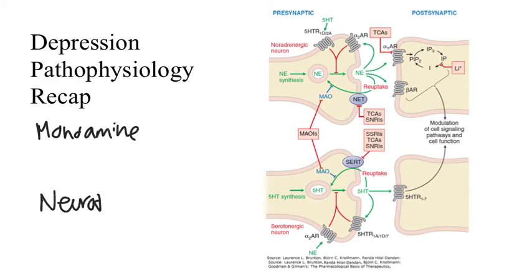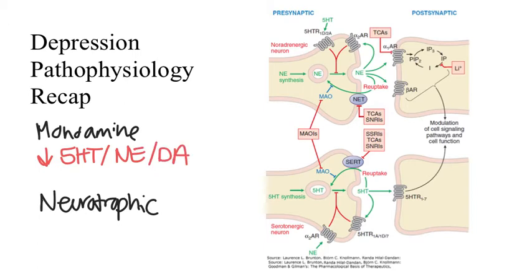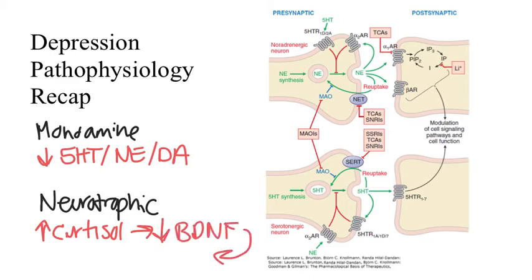The monoamine hypothesis states that decreased brain levels of serotonin, dopamine, and norepinephrine are causative of depressive symptoms, whereas the neurotrophic hypothesis states that increased stress and cortisol lead to decrease in the release of neurotrophic factors like BDNF and subsequently reduced neurogenesis.